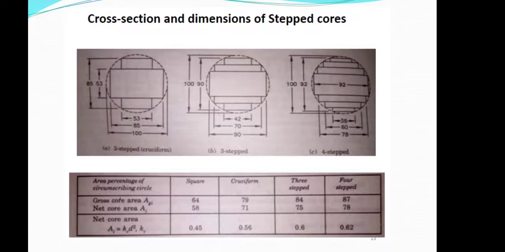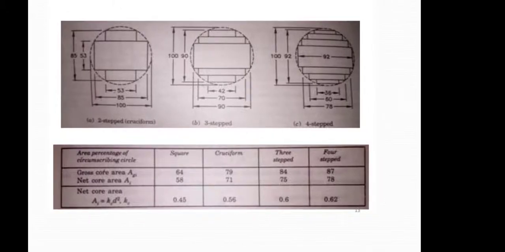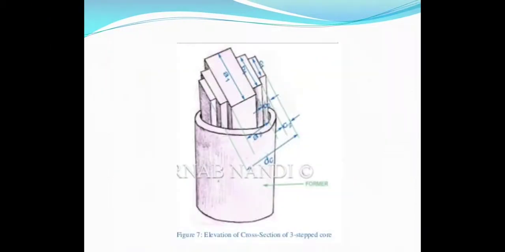From this, we see that comparing the square core and the cruciform core, the percentage of utilization is increased. While comparing the cruciform and the three-stepped core, it is also increasing. So, if we increase the number of steps, the percentage of utilization is also increasing.